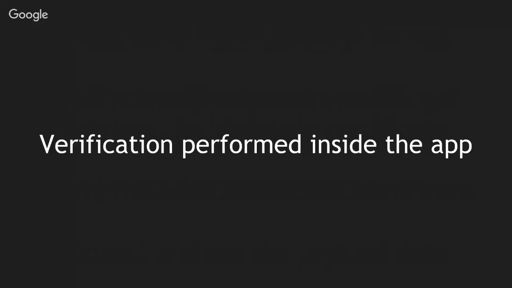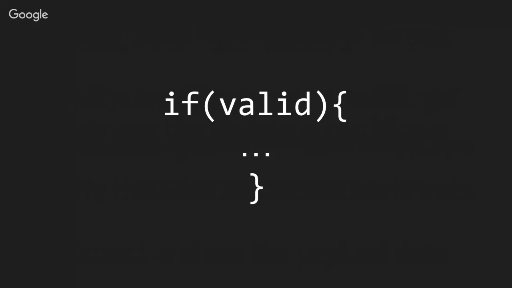But there is another mistake. Even though the token is verified on the backend, there would be some Boolean flag returned to the app, and it will look like that. If we have a valid response from the backend, then do some logic. I don't know, log in the user or proceed with the payment or whatever.